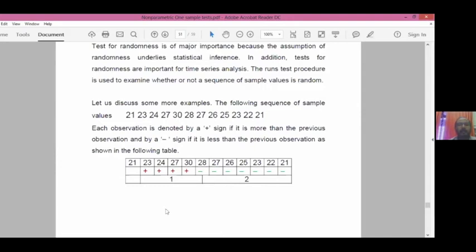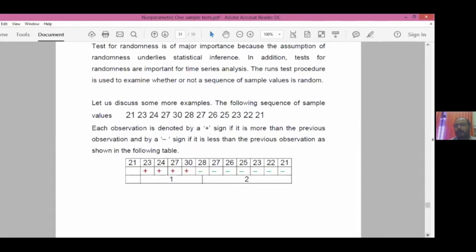Look here. First you see 21 is less than 23, likewise 23 is less than 24, 24 is less than 27, 27 is less than 30. Next, you look at 28 is greater than 27, 27 is greater than 26, like this. So accordingly, plus and minus signs are given here.